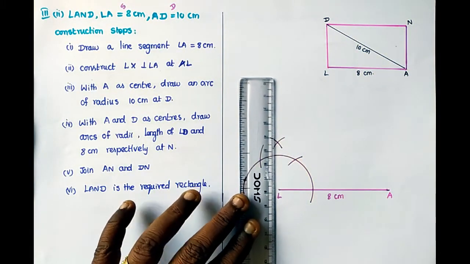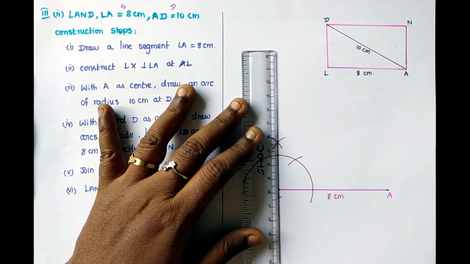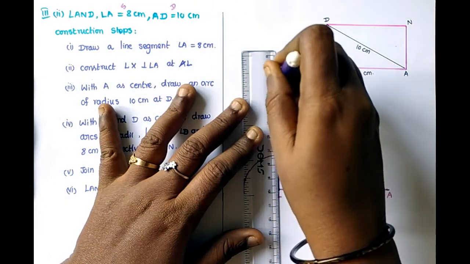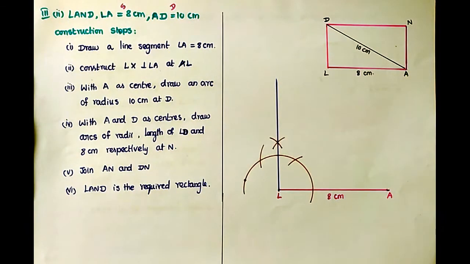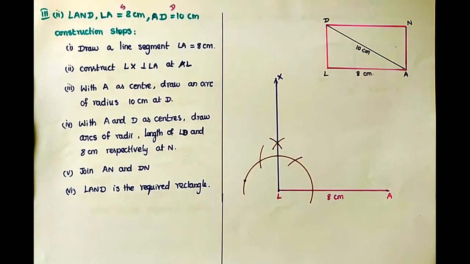Now draw a line passing through the arcs as X. Now, LX is perpendicular to LA. Perpendicular means that is 90 degree. Okay. Next one.